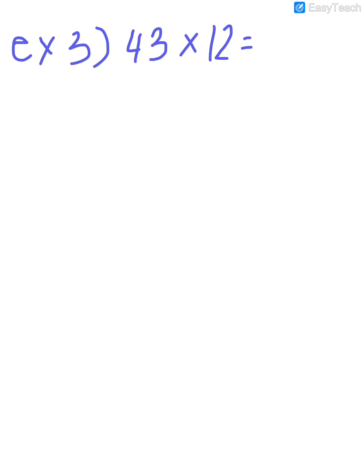As always, first you take this number and double it, 3 times 2, which is 6. There's nothing to carry, so you just write 6 here. Then you go to the number on the left-hand side of your first number, which is the 4.